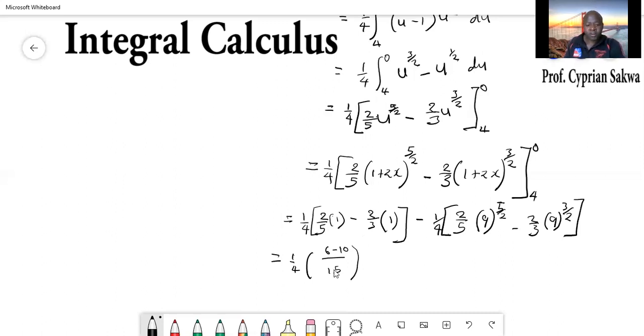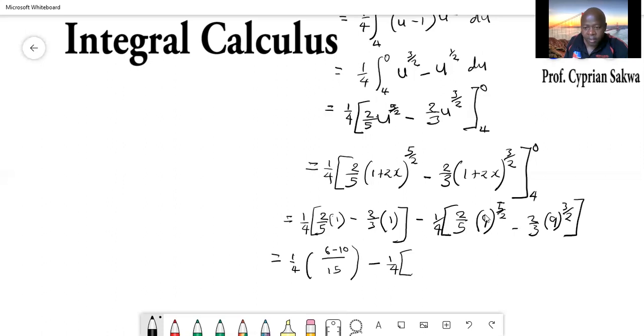So 5 went into 15 3 times. 3 times 2 gave us 6. Then minus 3 goes into 15 5 times. 5 times 2 would be 10. Then minus a quarter. Let's again simplify this.